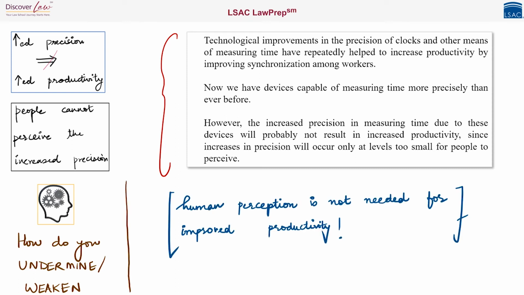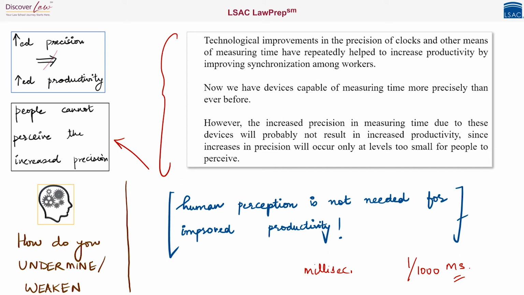If I tell you that human perception is not needed for improved productivity, does this affect the argument adversely? Does it weaken the argument? Let's say earlier you could measure up to milliseconds. Now you can measure up to 1,000th of a millisecond. Maybe humans may not be able to perceive it.